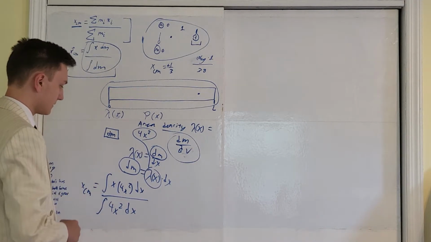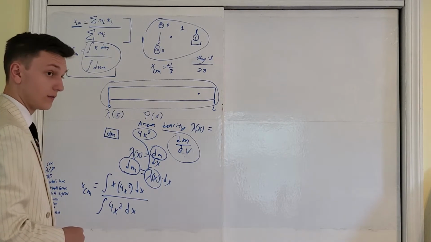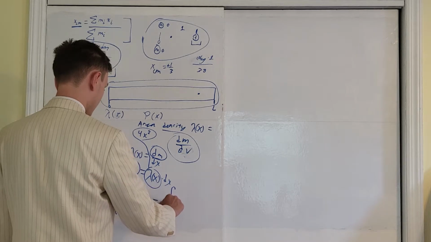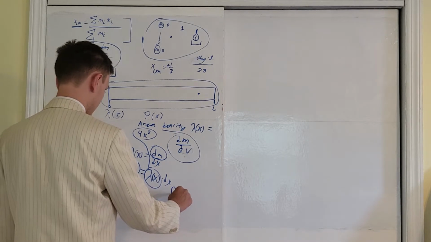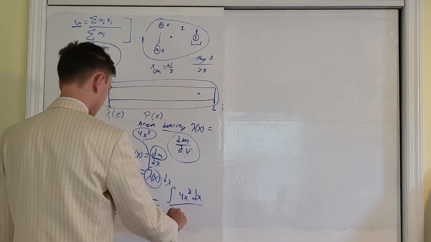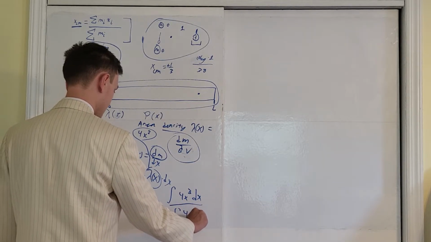So that is how we derive and solve our equation for center of mass. Now this, you would just plug into your calculator, you would carry out this multiplication and say that this is now the integral of 4x to the third dx over the integral of 4x squared dx.